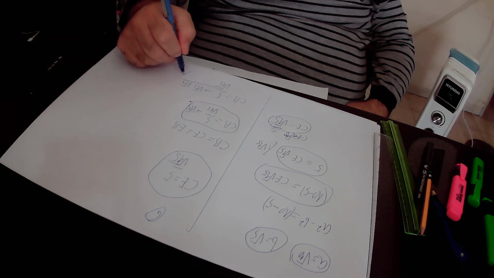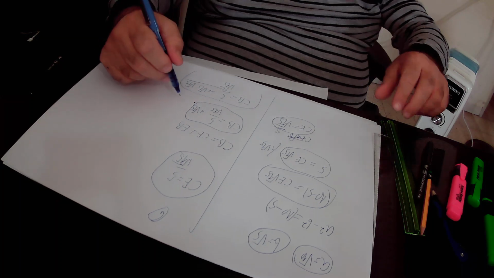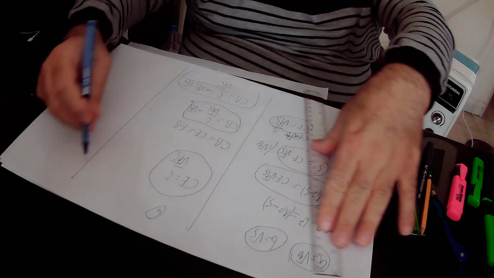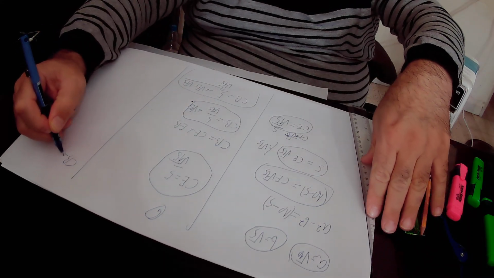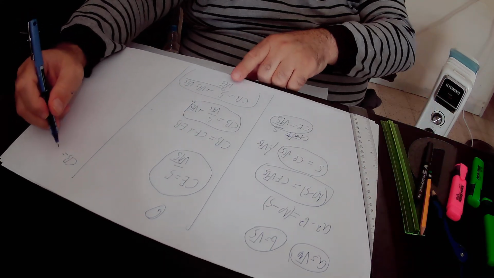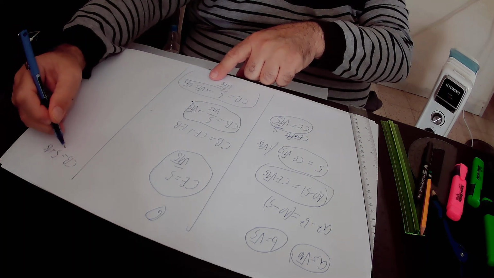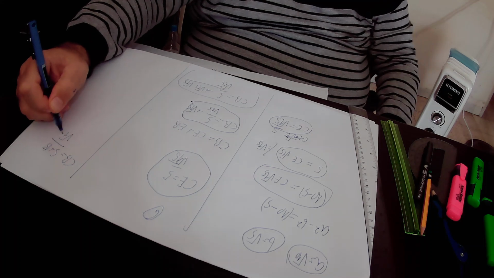So in conclusion, the line segment that we are looking for, CB, is equal to 5 plus square root of 15 times square root of 15, which is 15, over square root of 15.